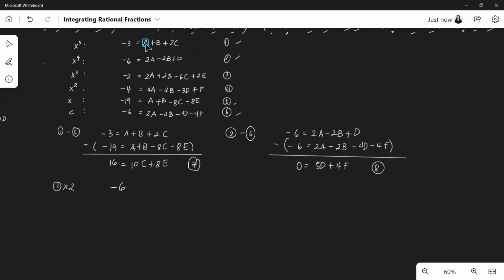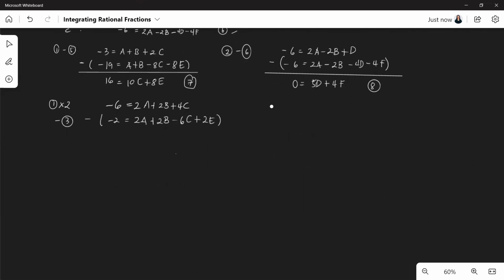So this becomes negative 6 equals 2A plus 2B plus 4C. And then we subtract equation 3. Equation 3 is this one: negative 2 equals 2A plus 2B minus 6C plus 2E.